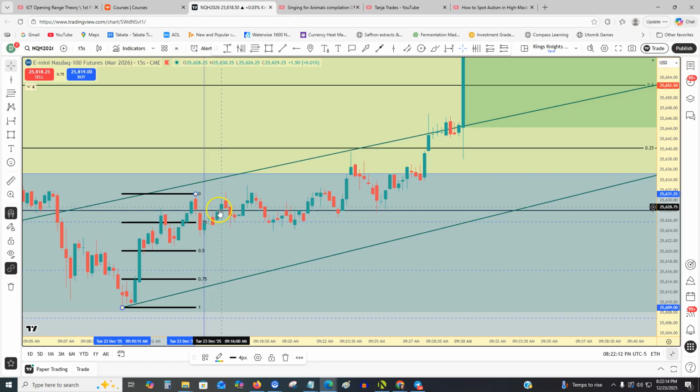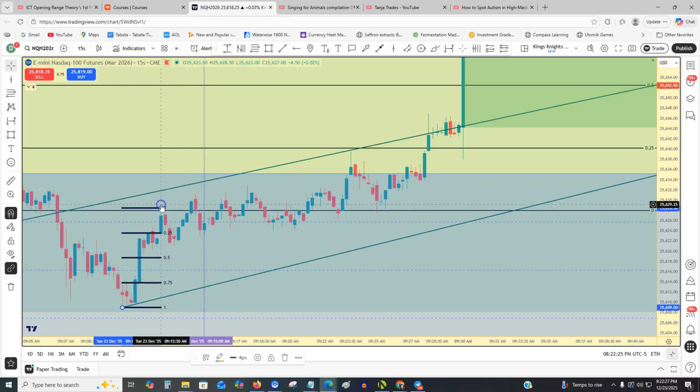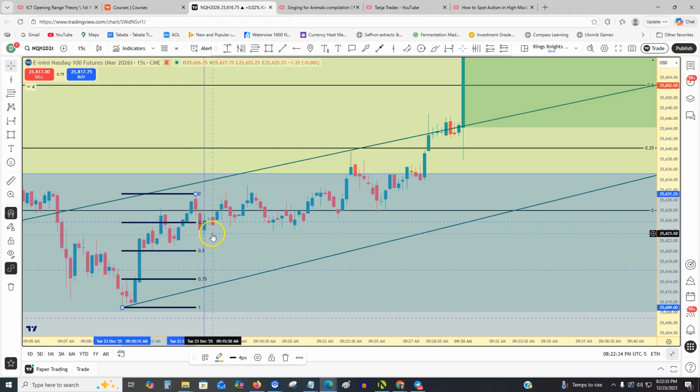So that's not it. This is the first close above that, so that would be up here. That would have been all the way up here.